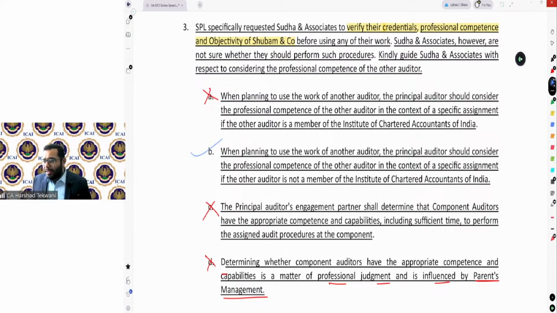The second query is, does component auditor mean statutory auditor? In this context, yes. When I refer to a component auditor, I mean the statutory auditor of the component.